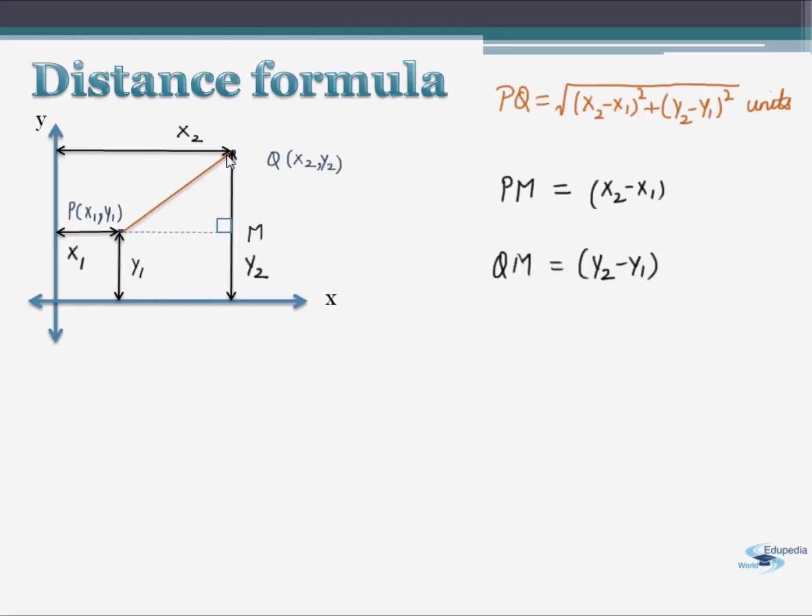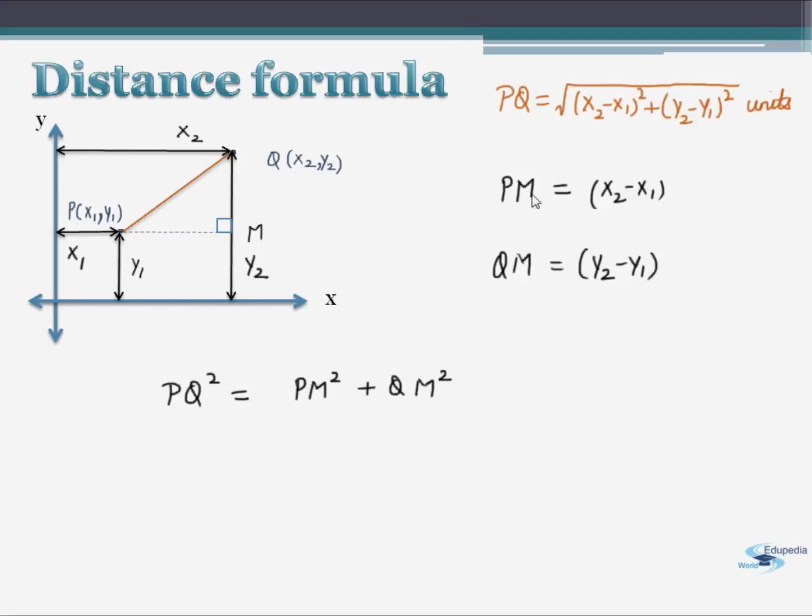Now, in this right triangle PQM, we can easily apply the Pythagoras theorem, which will give us PQ square, which is hypotenuse square, is equal to the sum of the squares of the other two sides, that is PM square plus QM square.